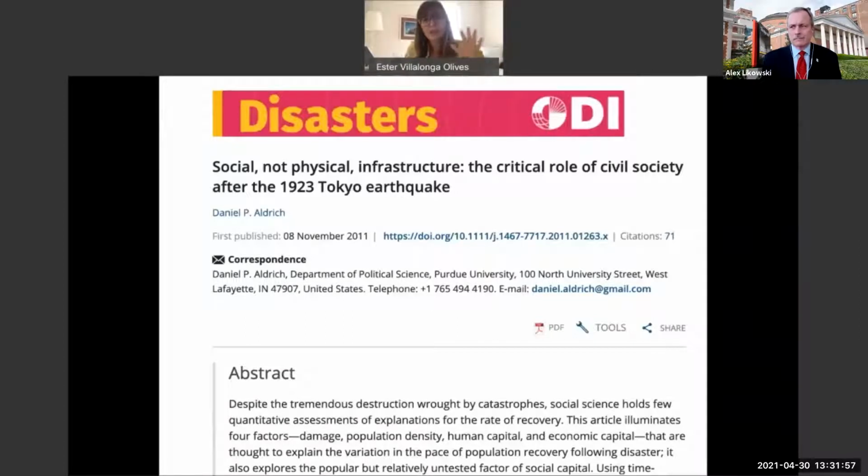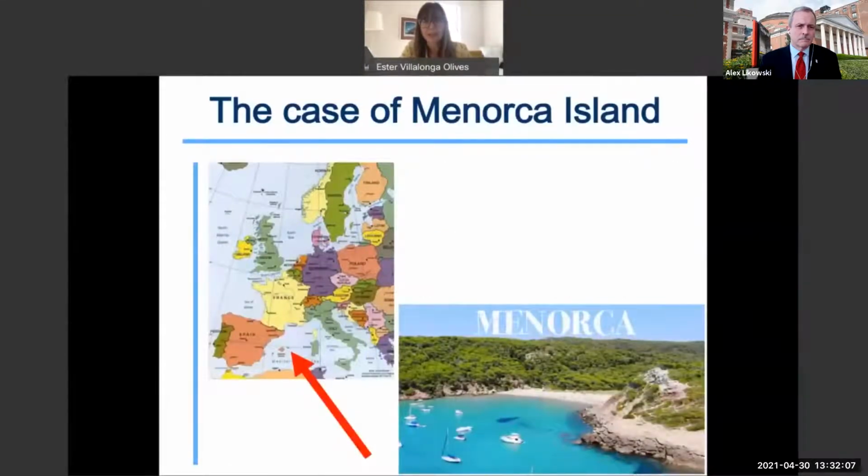And I thought about investigating the role of different types of social capital on an island, the island of Minorca. Why Minorca? Because I was born there. I know the place very well. As you see in the map, it's a very small island in the middle of the Mediterranean Sea. It's part of Spain, and it lives from tourism.